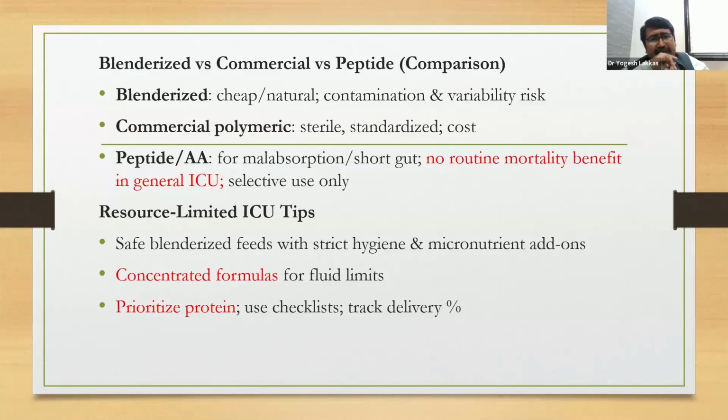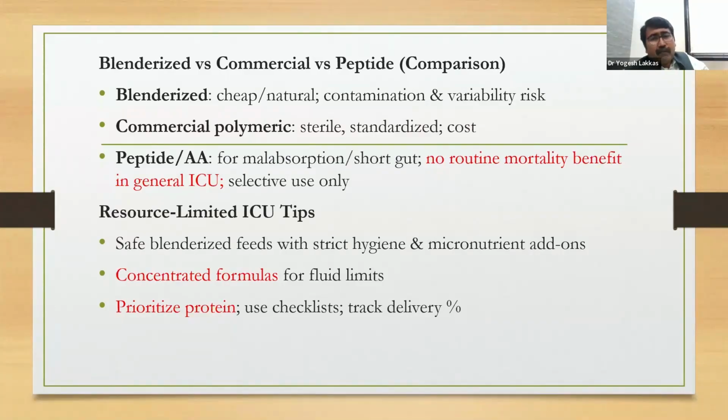Then peptide and amino acid based formulas for malabsorption, short gut; no routine mortality benefit has been seen in the trials. Selective use only. Resource limited ICU tips: safe blenderized feed with strict hygiene and micronutrient add-ons will suffice the nutrition of the patient.